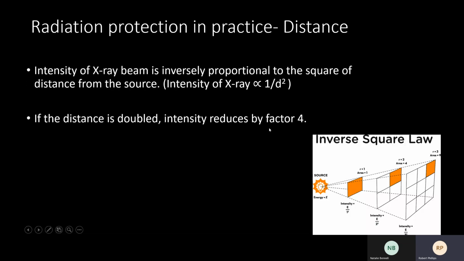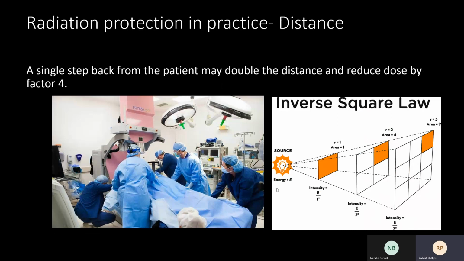It's a huge reduction. So when you go to the operation theater, a single step back from the patient may double the distance and reduce the dose by a factor of 4. Two steps back may triple the distance and reduce the dose by a factor of 9. So this is all about distance.